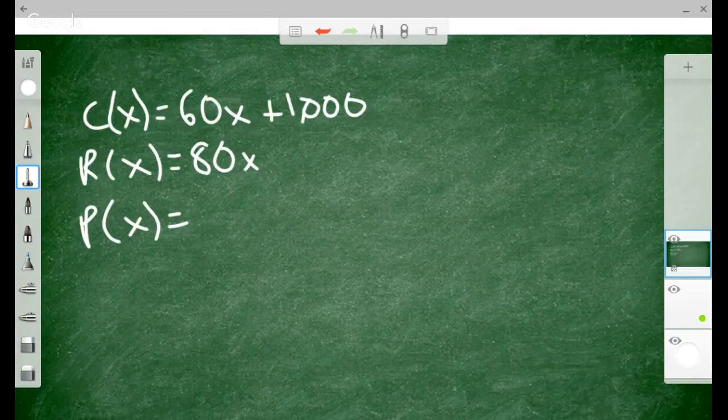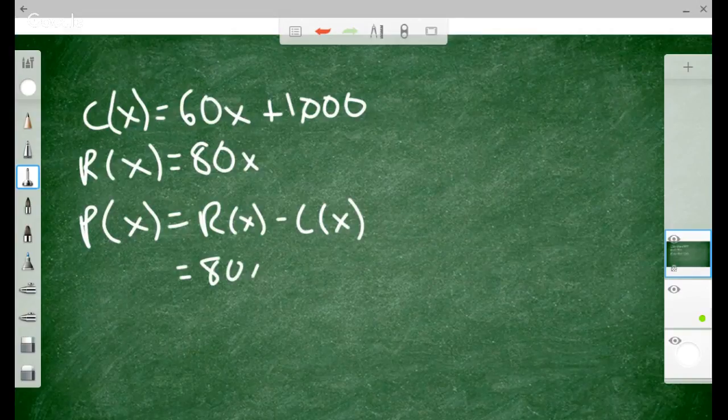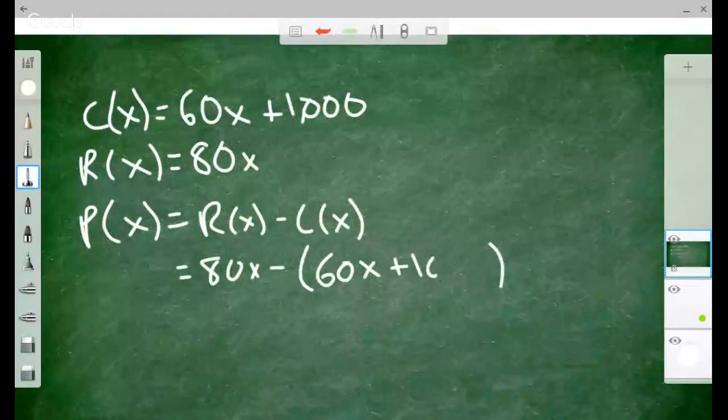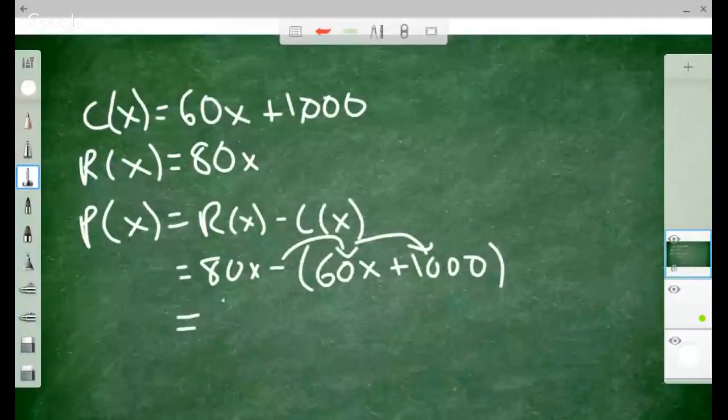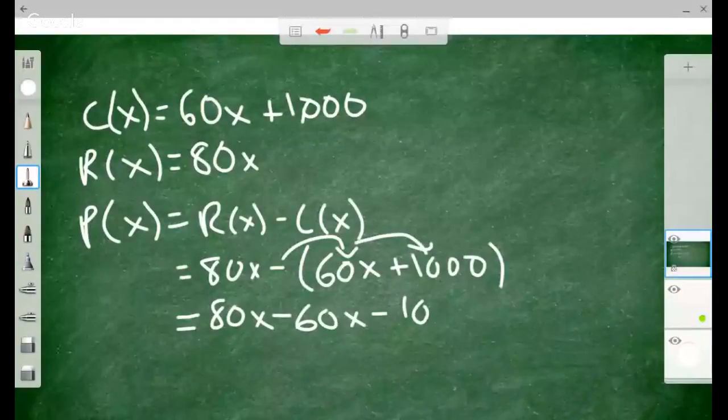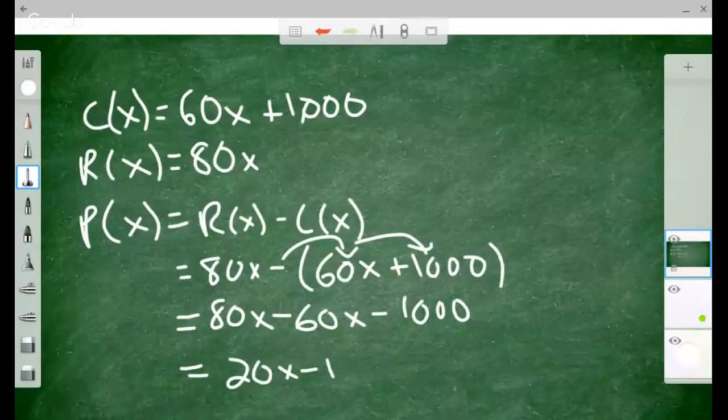And so the profit function is always the revenue function minus the cost function, right? So when you do this, you have to be careful and put everything from the cost function in parentheses, because that minus sign has to distribute, that negative one has to distribute to all of this. So here I have 80x minus 60x minus 1,000 equals 20x minus 1,000, okay?